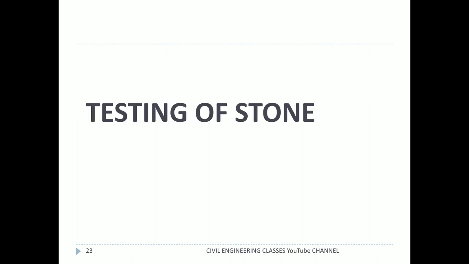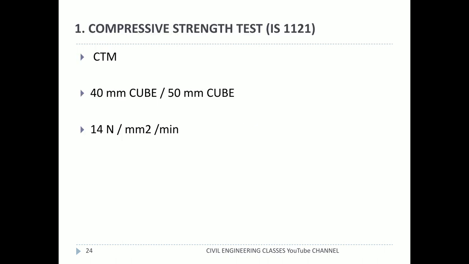Next thing is about the testing of stone. In order to find out if the stones are useful in building work, road work, or for the facing of walls, we need to test the stones for their different purposes. Let's see the tests one by one. First one is the compressive strength test or crushing strength test, which is given in IS code 1121.